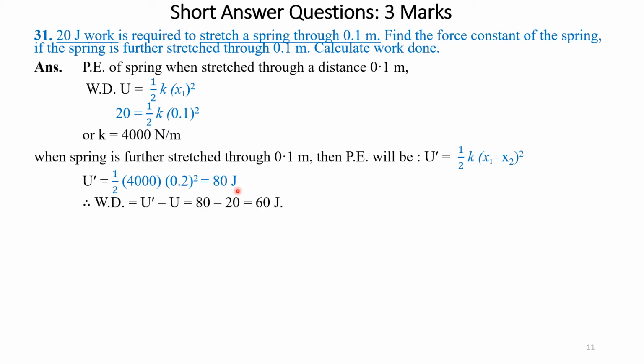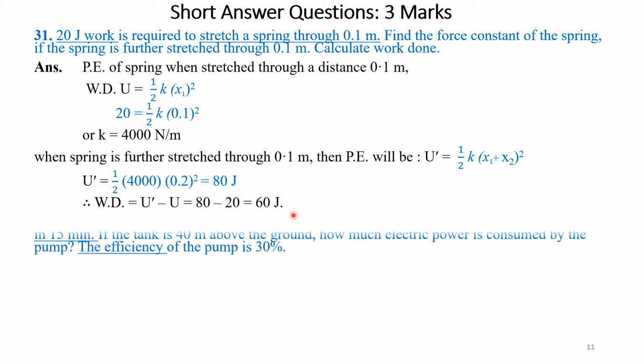And now the additional work required is: U dash is 80 joules minus the original work done, which was 20. So 80 minus 20, that is equal to 60 joules of work done to stretch the spring further.